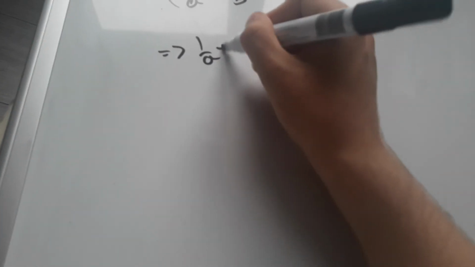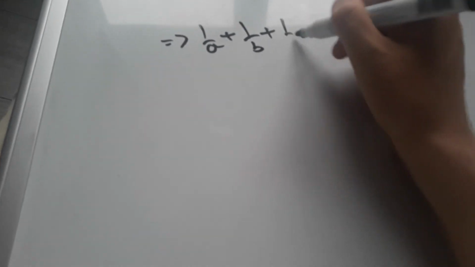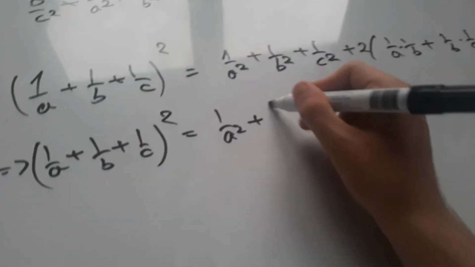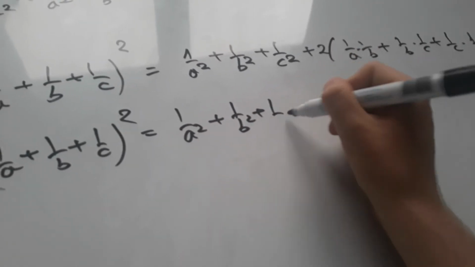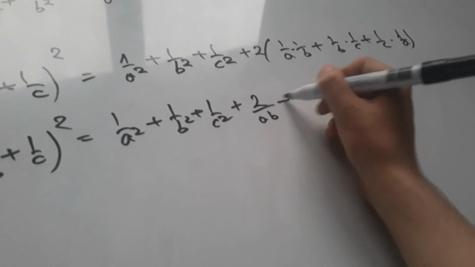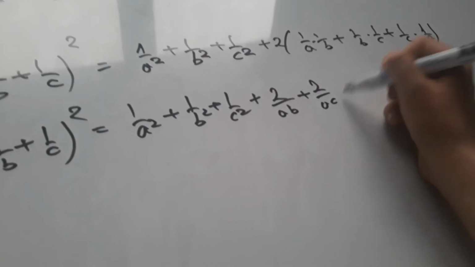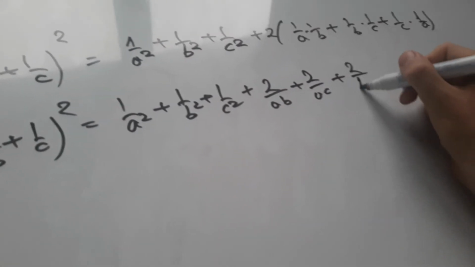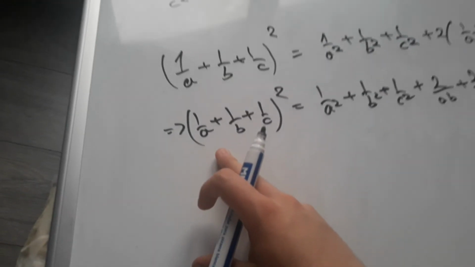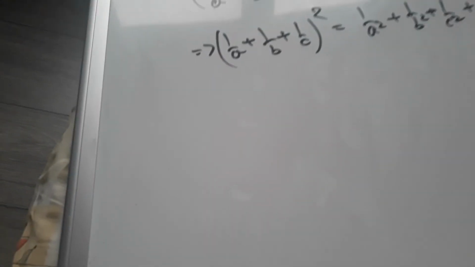So (1 over a plus 1 over b plus 1 over c) squared is equal next with these sums, and then plus 2 over ab plus 2 over ac plus 2 over bc. Because we are interested in just 1 over a plus 1 over b plus 1 over c, we will take the square roots.